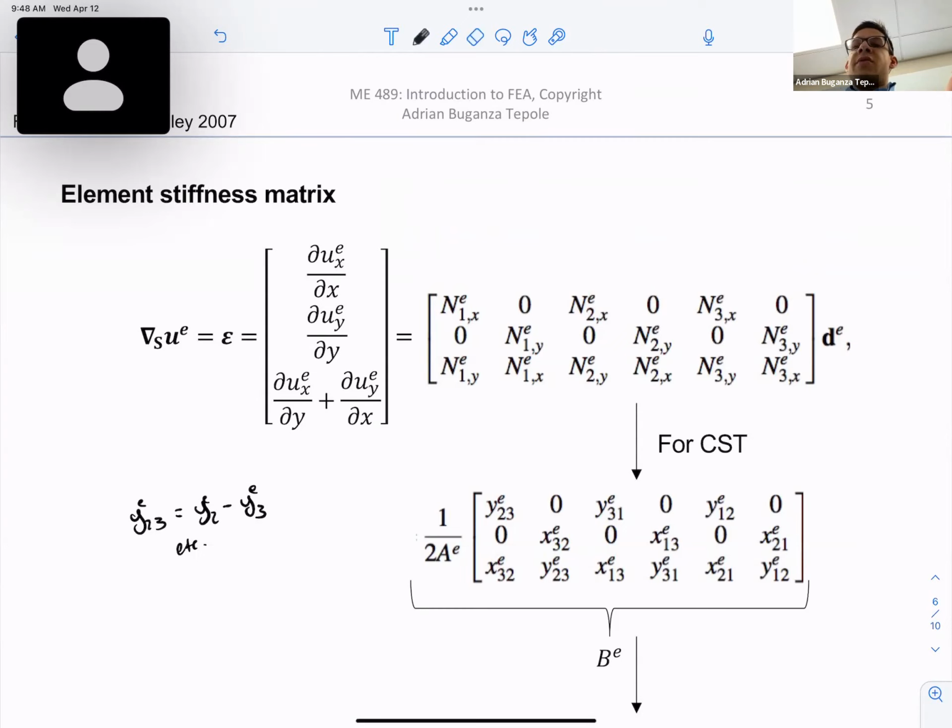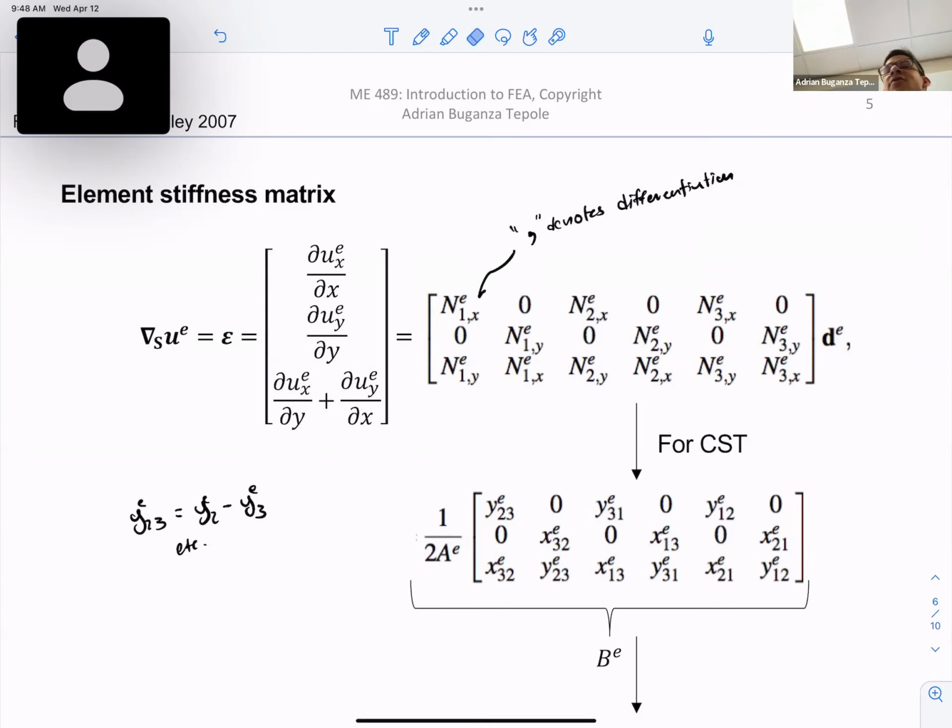The comma denotes a derivative, so N1 comma x is just the derivative of the first shape function with respect to x. Actually, I don't know if you use that notation in vector calculus, the comma? Right, a very common notation to avoid using the partial: you just say comma.